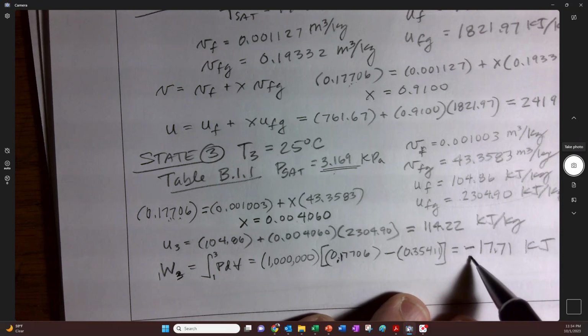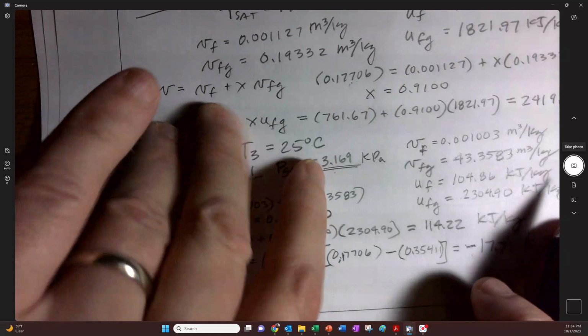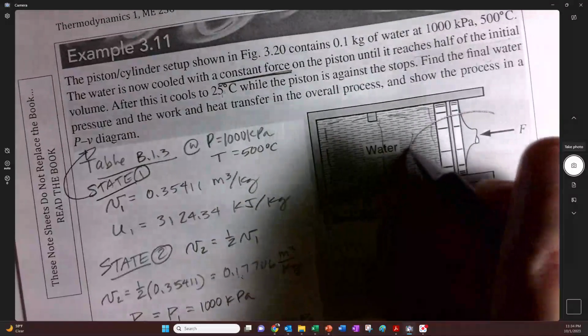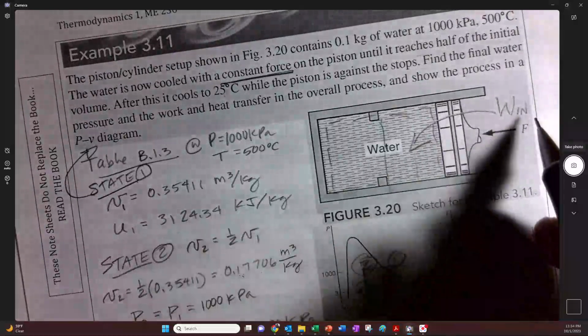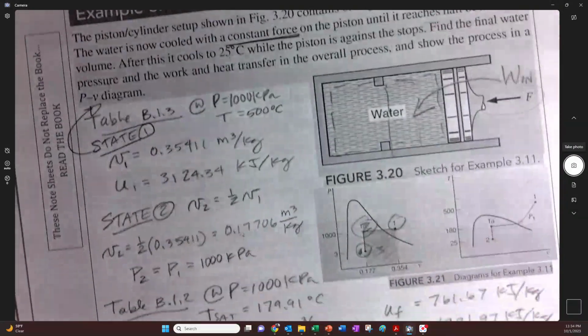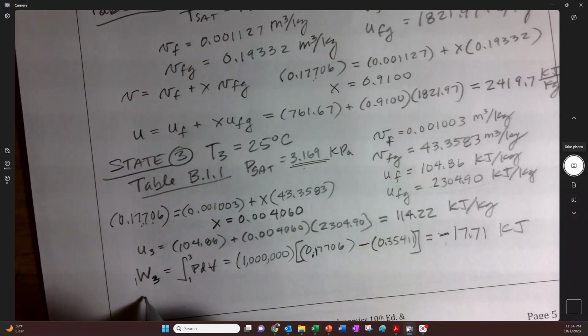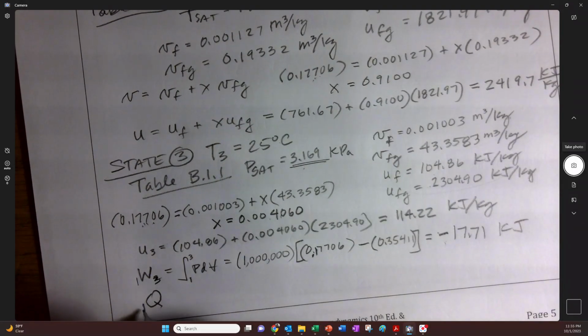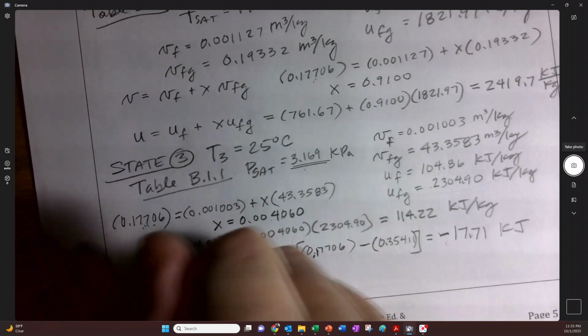Negative. Why is it negative? Because work is being done onto the system. We have work coming in, W in, if you will, because of this force, right? So that's our convention, for it to be negative. And then Q 1 to 3. Well, we should really write this right down.